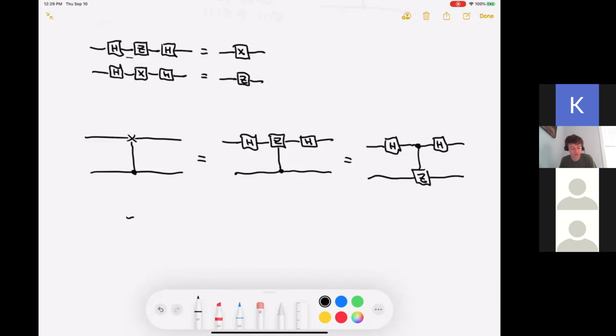Finally, I use exactly the same trick to say that a controlled Z is the same thing as a controlled X, i.e. a CNOT, with a Hadamard either side.